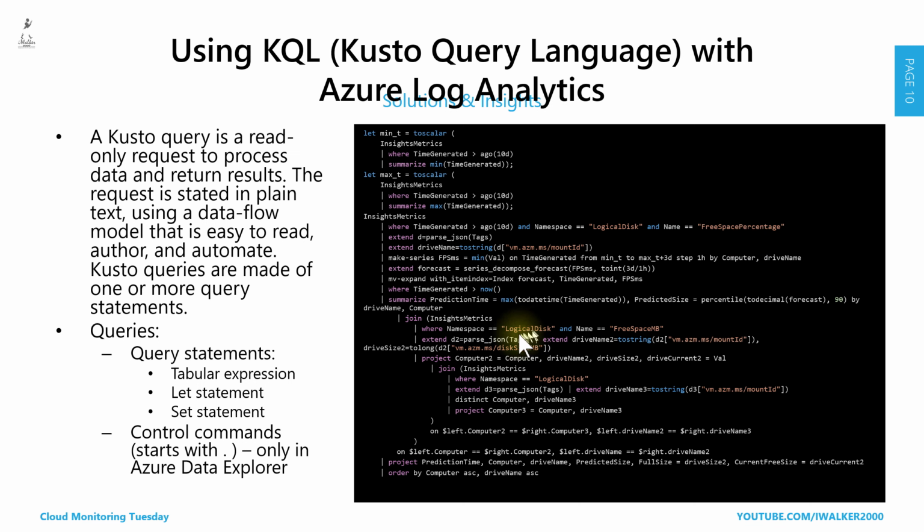After that we look at the free space of the logical disk, then join it with the logical disk and provide what we are providing, the mount ID. It's also the disk, the computer name, drive D.